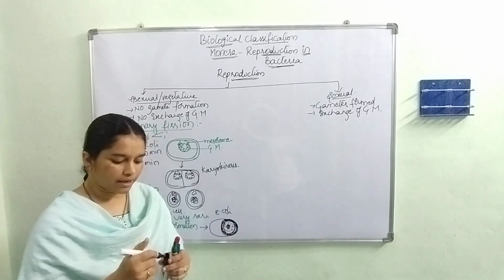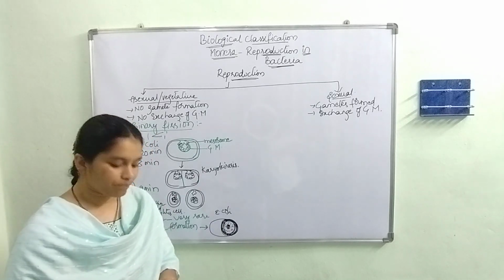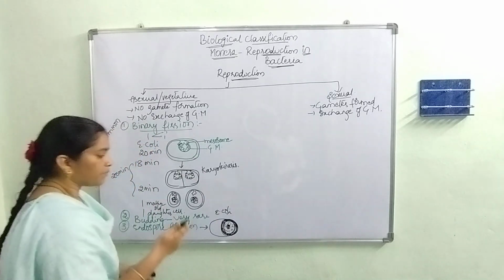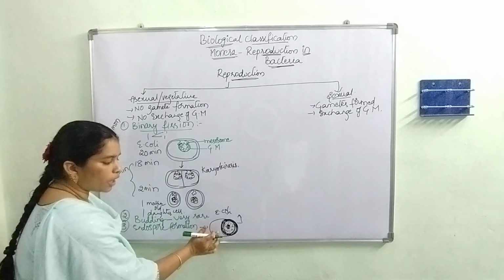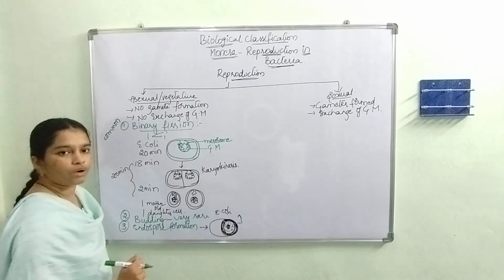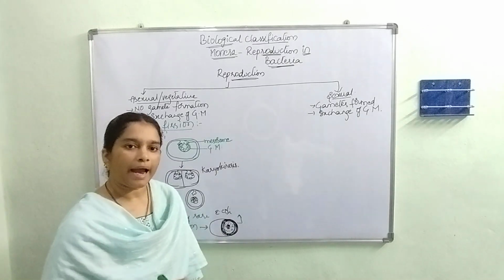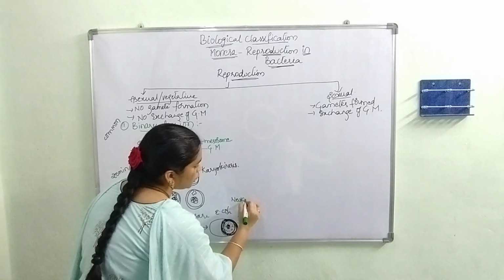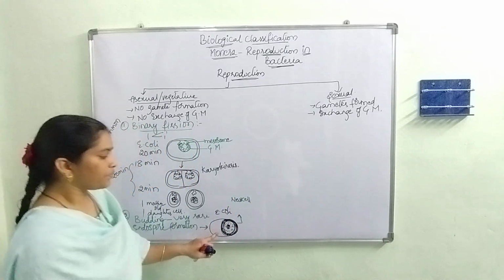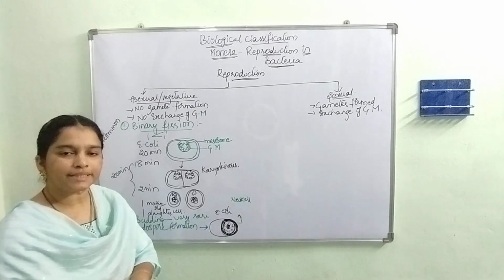What happens when favorable conditions return? When favorable conditions return, this dormant endospore germinates and forms a new cell. Here, there is no old cell or new cell.